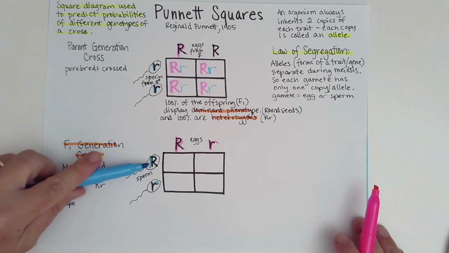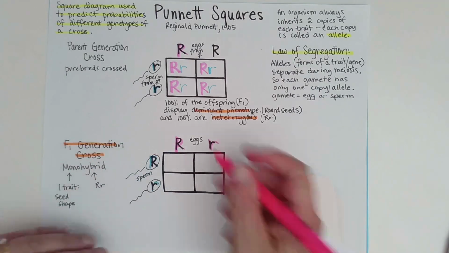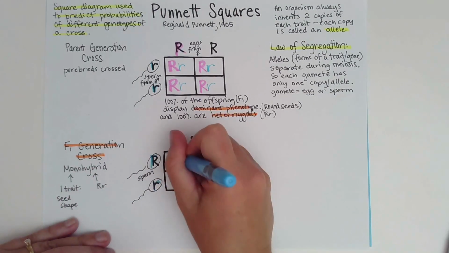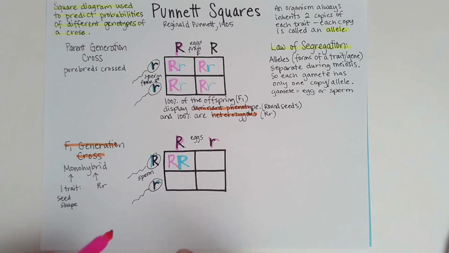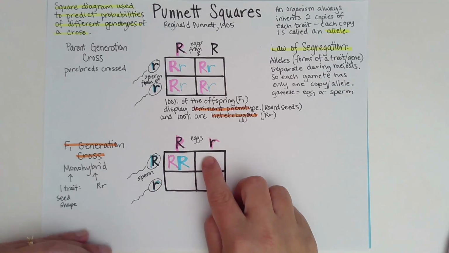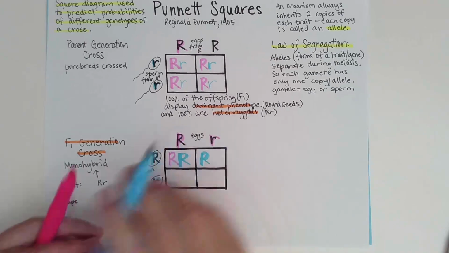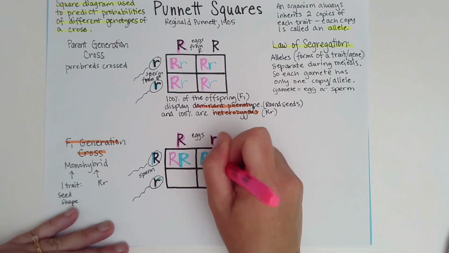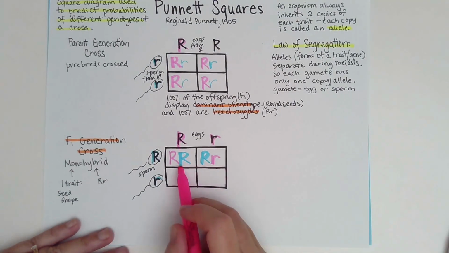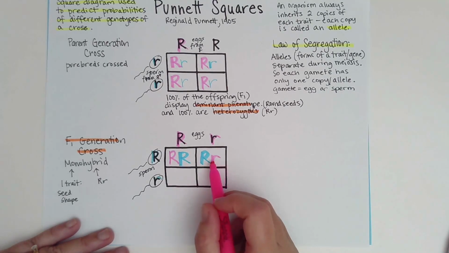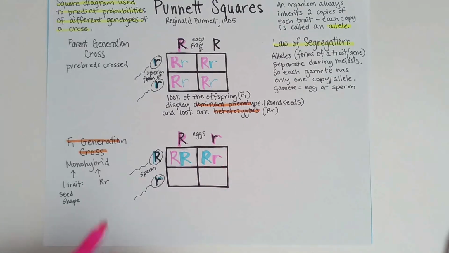So if this sperm fertilizes this egg, then once again, we're going to have big R, big R would be what this little plant's genotype is. Now this plant, it's going to have a capital R and a lowercase r. So it has a different genotype, but notice they would both still have round seeds, right? But this one is a hybrid and this one would be a purebred.